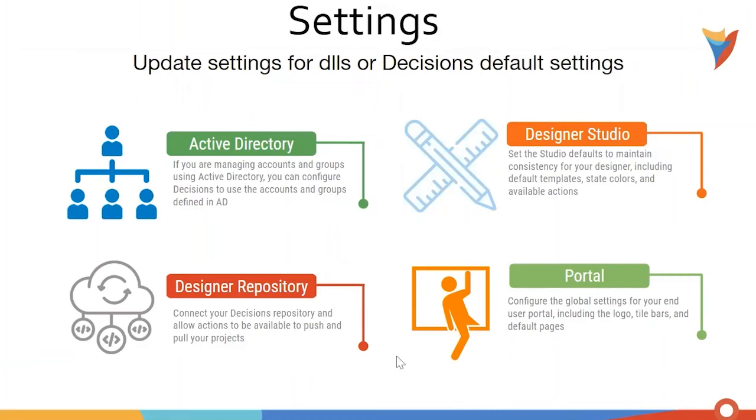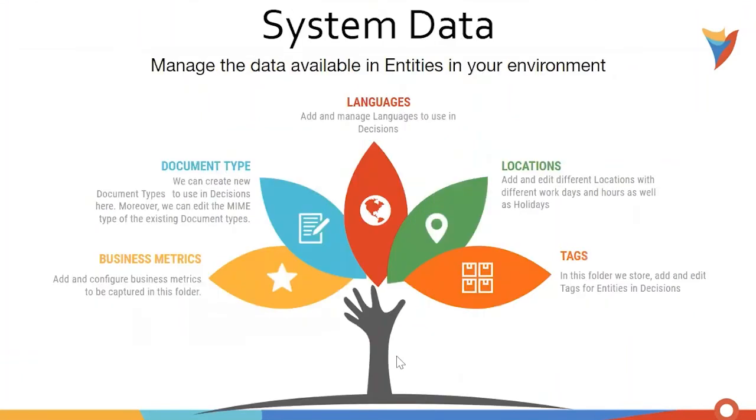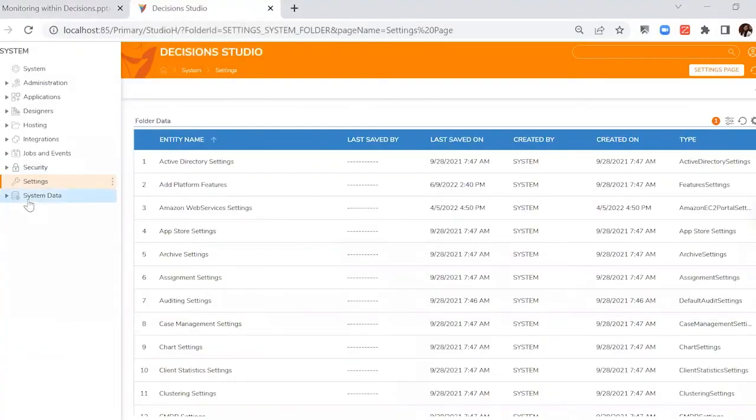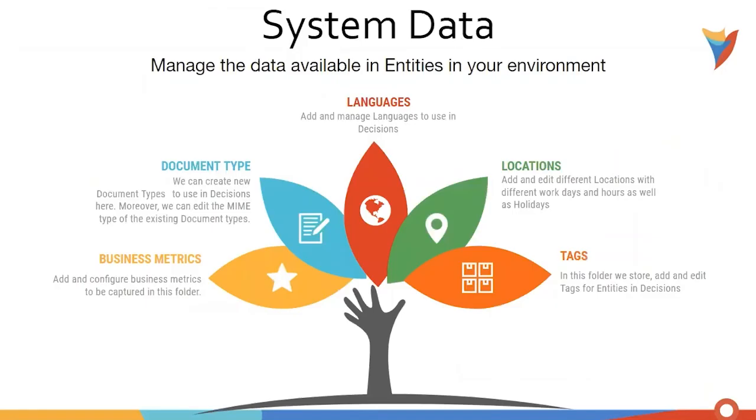And now if we move on to the next one, that is the system data. System data is another subfolder under the system. Under system data, we would be able to manage the data available in entities in the environment. We have multiple functions again under system data, similar to any others.